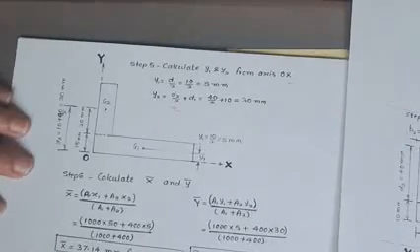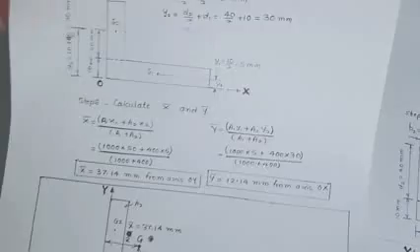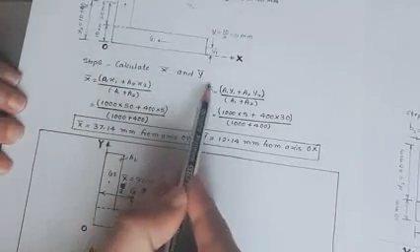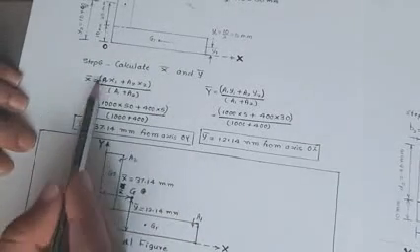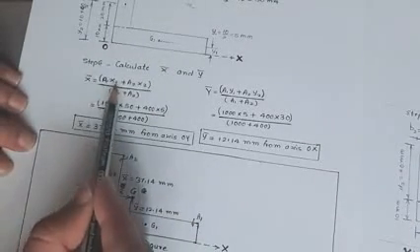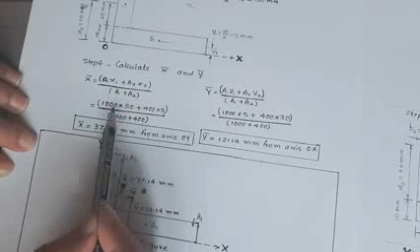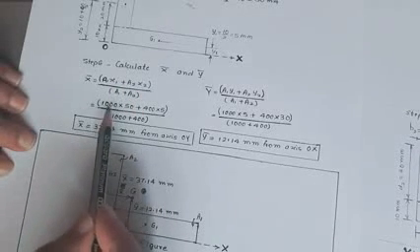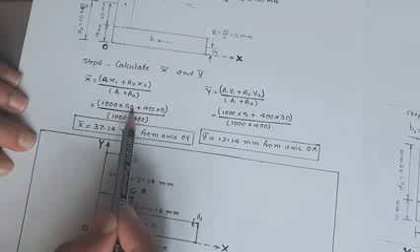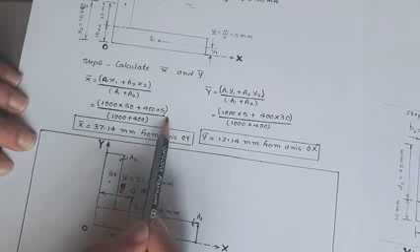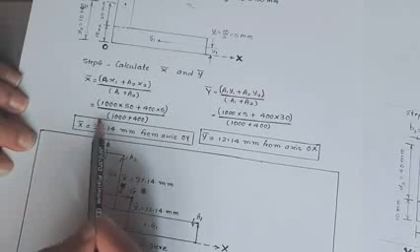After that, the next step is to calculate x bar and y bar. The formula for x bar is equal to a1 x1 plus a2 x2 divided by a1 plus a2. Now substitute the values which we have calculated. A1 is 1000 into 50 plus 400, which is a2, into x2, which is 5, and put it in the bracket, divided by area a1 plus a2.